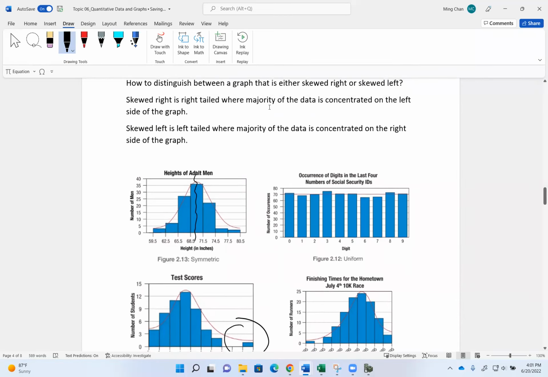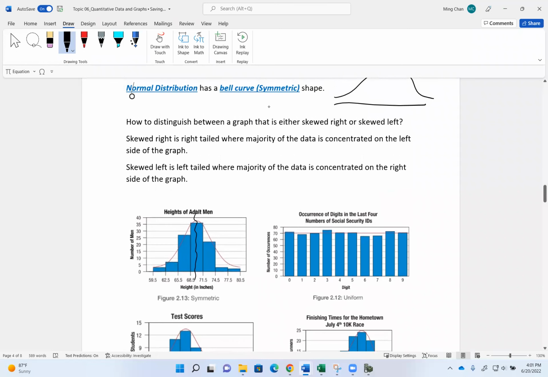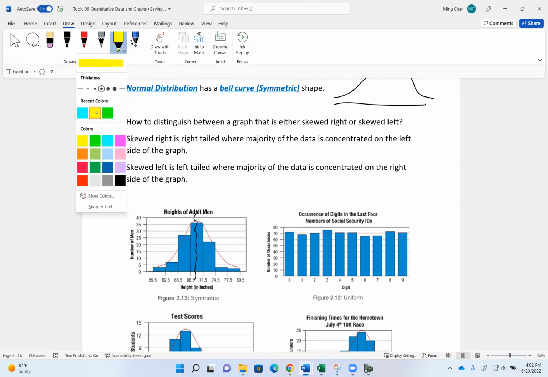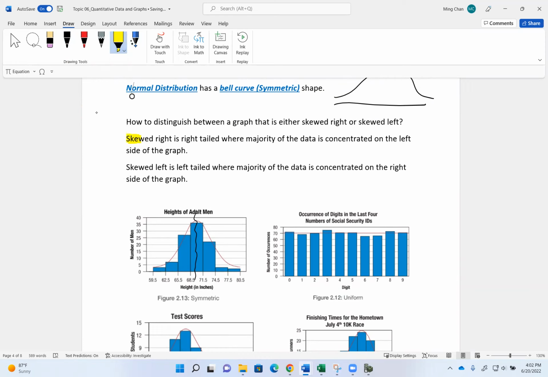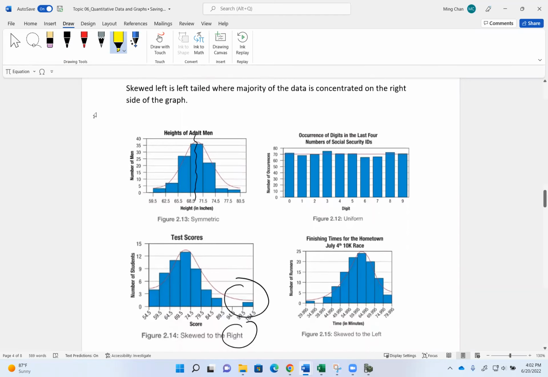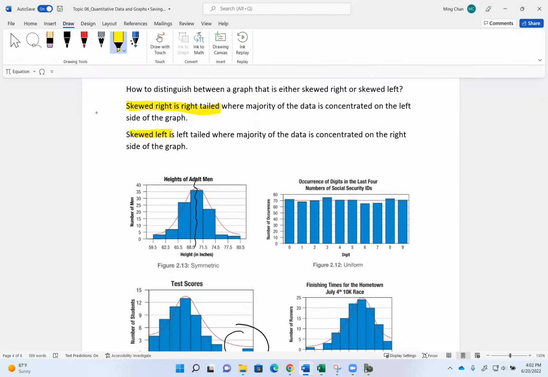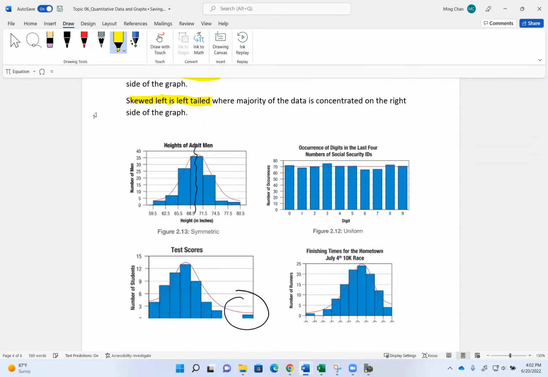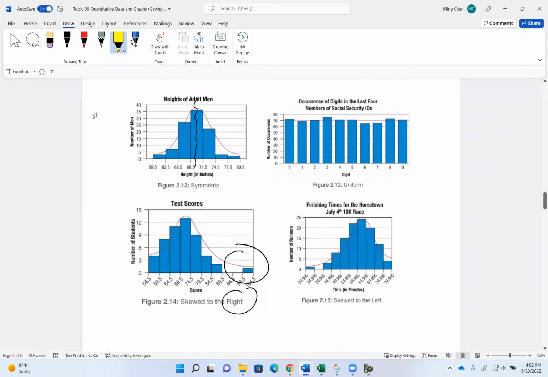Skew right is right-tailed, where the majority of data is concentrated on the left side of the graph. Skew left is called left-tailed. Left tail means the majority of the data is concentrated on the right-hand side. That's why it's skewed to the left.